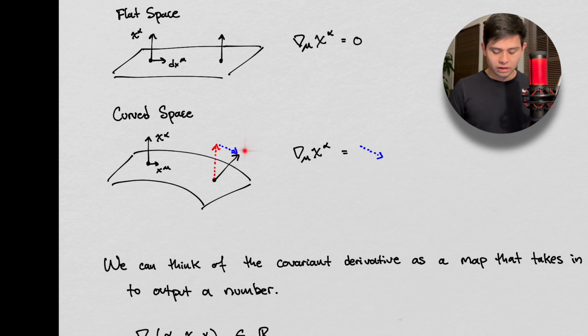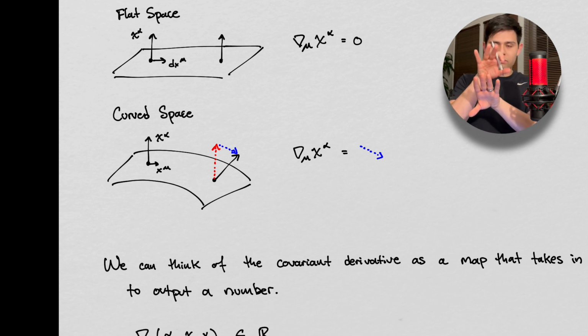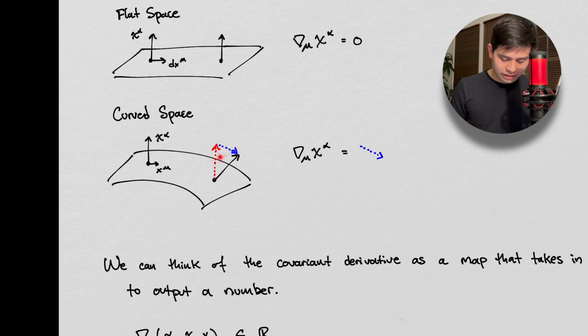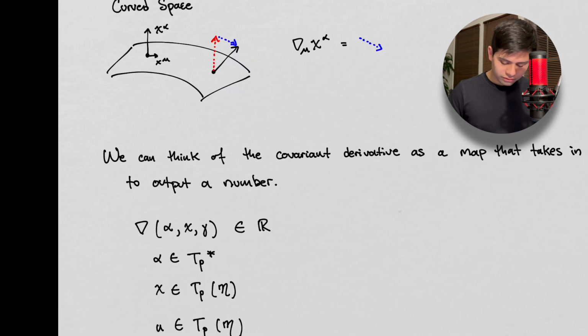This is slightly off to the side, or you could think of it as subtending by some angle. So this vector is not the same as this vector, but we could say it's the same if we take into account this blue difference right here. So there's a difference between these two vectors, and that difference is this blue vector, and the covariant derivative is going to give us something that represents that blue vector.